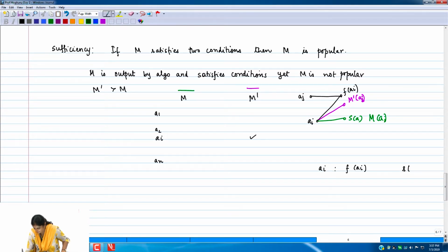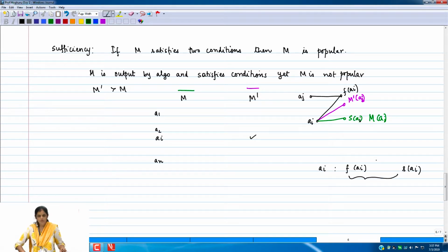This is S of AI, which is also its M of AI, right? It is its green partner. So whatever happens, wherever this M prime is, it is somewhere in this range because it is better preferred than S of AI. So it could be F of AI or it could be anything better.